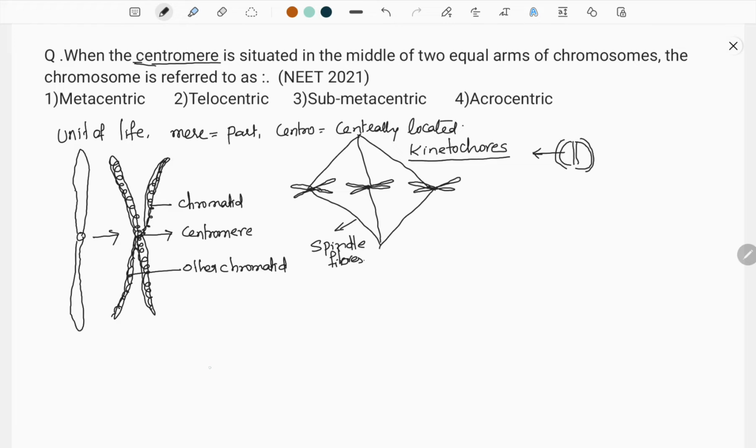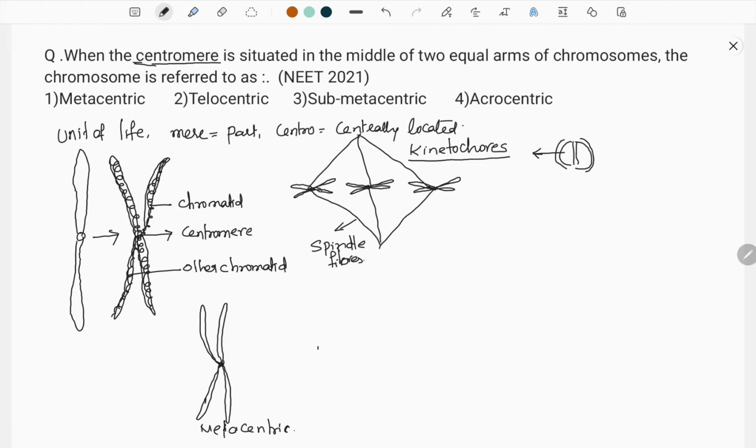If you see the first one, the centromere is present exactly in the center of the chromosome. It is called metacentric chromosome.